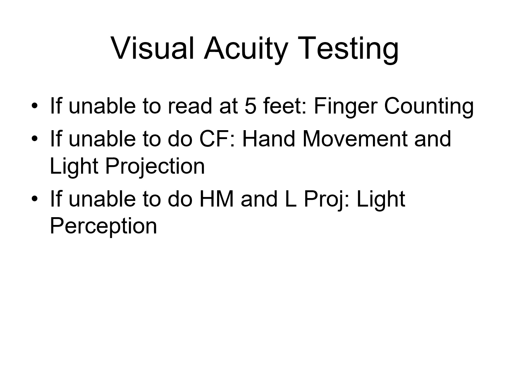If the patient is still unable to do counting fingers at 6 inches, we then proceed to do hand movement and light projection. We move our hands vertically or horizontally in front of the patient's eye and ask if they see any movement in front of the eye, taking care not to blow any gust of wind that may clue the patient regarding our movement.